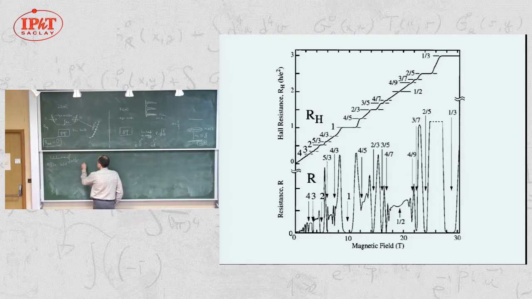And I briefly told you that a very successful guess is the so-called Laughlin wave function, in which you decide to use this polynomial as a guess for the ground state wave function of the nu equals 1/3 filling factor.